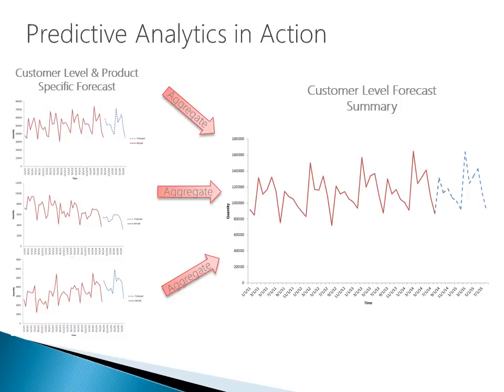The next step is then to aggregate the sales from all the individual products into a summary level forecast, and that's essentially what we've done here. We can see the forecast now for the customer, red being the actual and the dotted line being the projection, now rolled up. I think it makes sense.